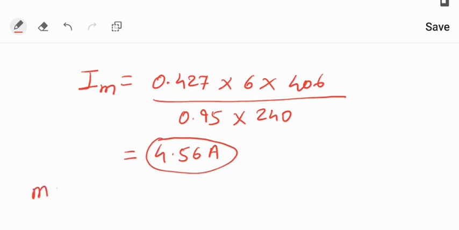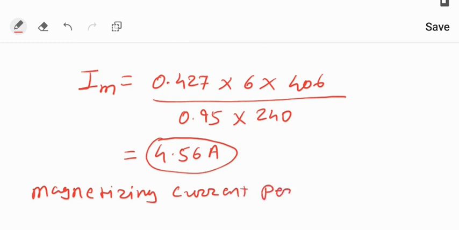Okay, this is the final answer: magnetizing current per phase is equal to 4.56 ampere. I know this is a lengthy example, but it needs practice. With more and more practice, you will easily solve this example.